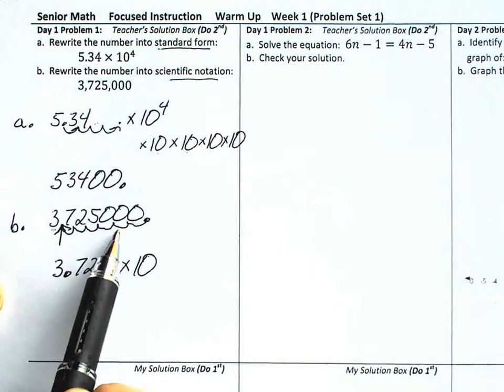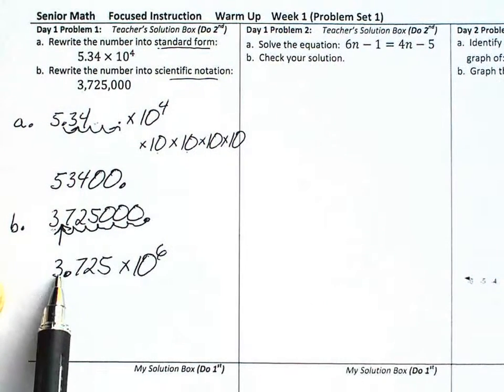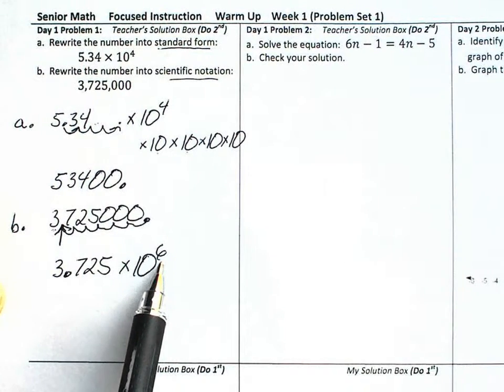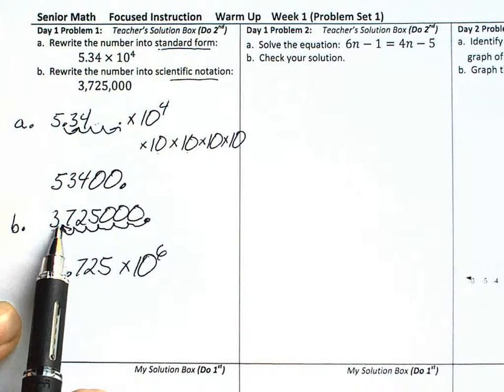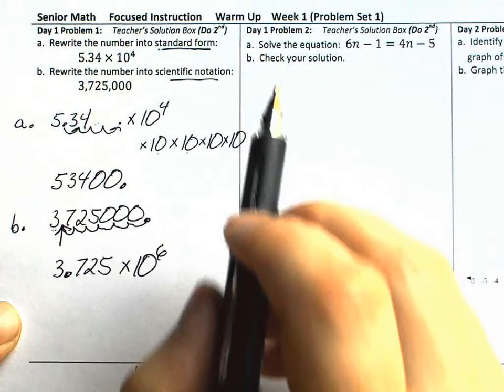Do you remember how many spots we moved it? 6 spots. So 3.725 times 10 to the 6th power is the scientific notation version of this original number, 3,725,000.